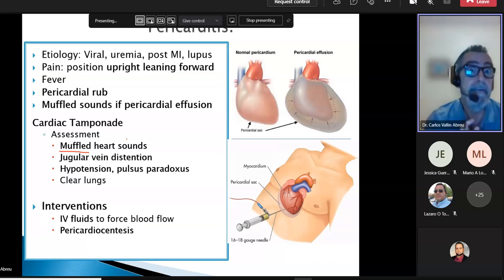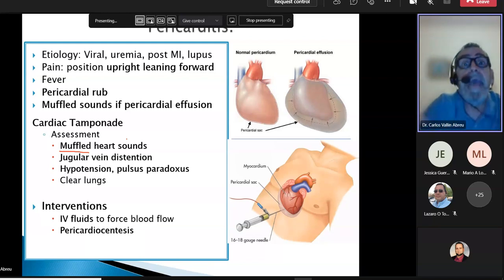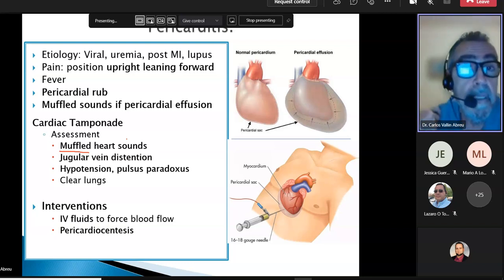But then you can have a pericarditis with so much liquid filled around the heart that it is squeezing the heart, so now the heart cannot expand, cannot have diastole. So now the blood that must enter inside the heart, filling the heart before squeezing and pumping it forward, which is systole, cannot enter the heart.